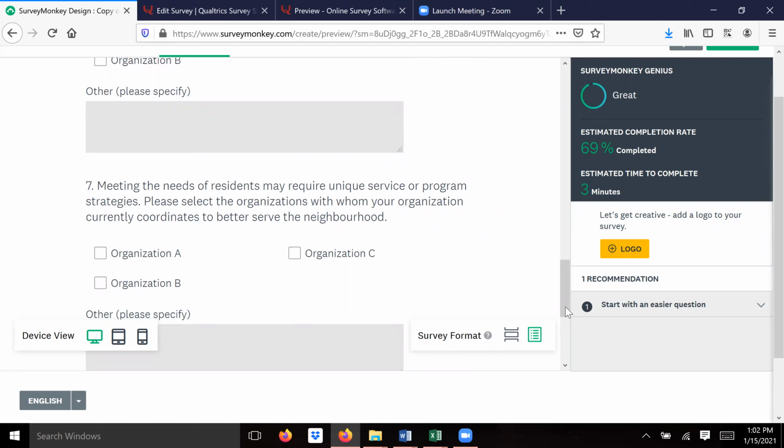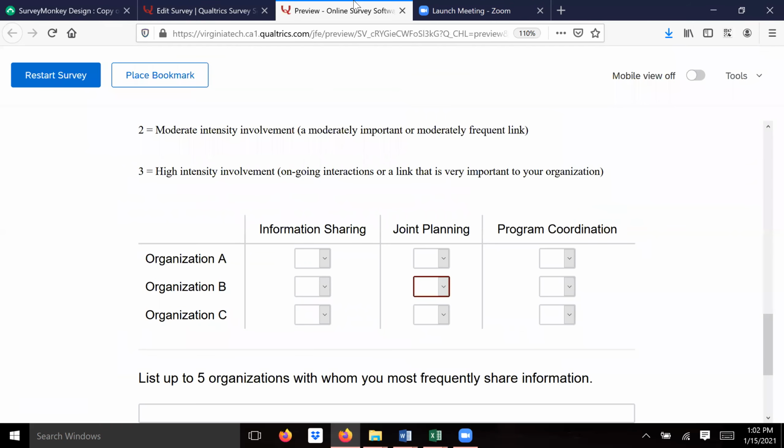If you have access to a more powerful survey platform, then you can collect more detailed data. The example I show you here is using a matrix or side-by-side format to capture the relationships and strength of relationships all in one question. Respondents use the drop-down menu to indicate not only whether they have a tie, but also the strength of each of those ties.